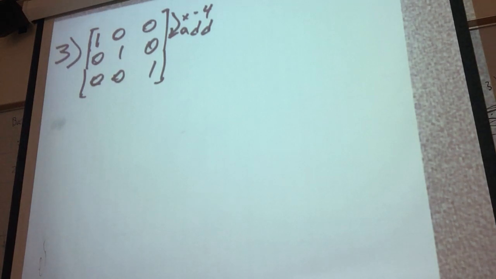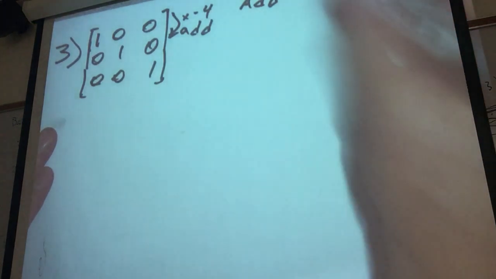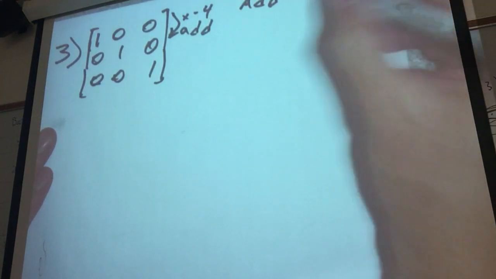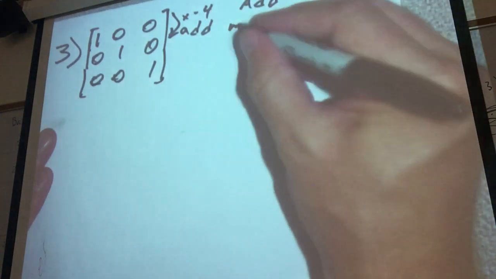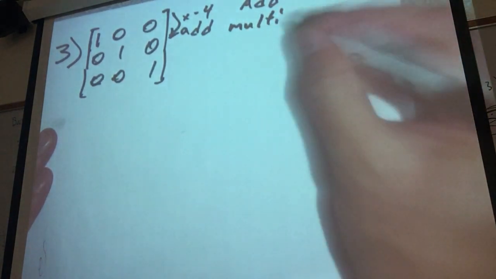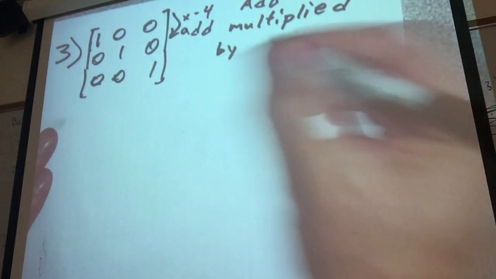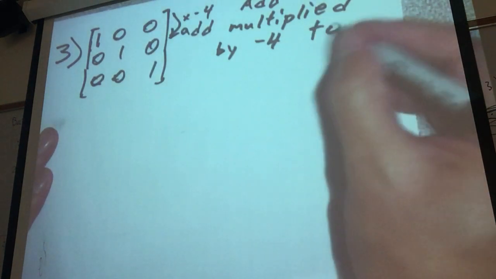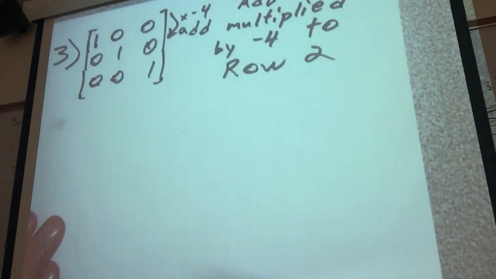I'm following number 3, adding a multiple of a row to another row. So add row 1 multiplied by -4 to row 2.